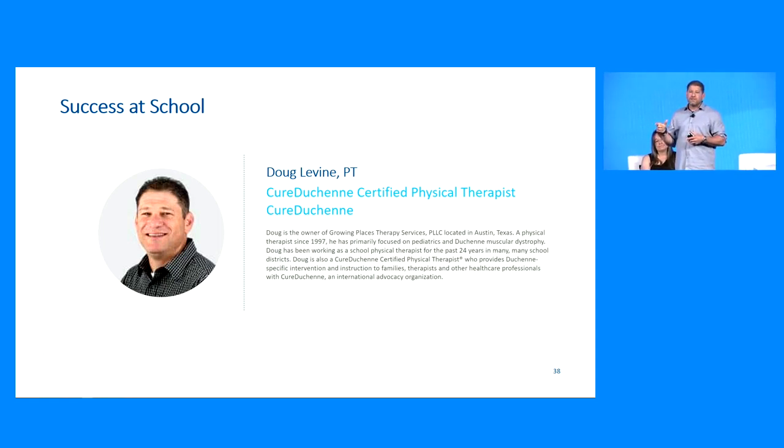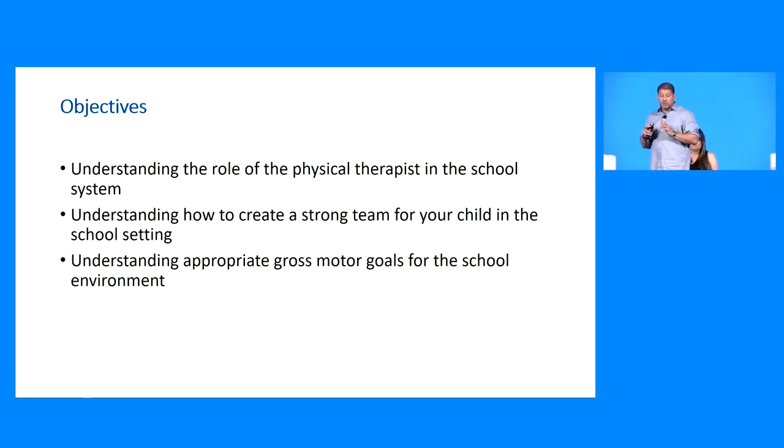In the schools, I think it's important that we all collaborate for the care of the kids, but especially in the school, because there are many different moving parts, and many people that maybe have zero experience with Duchenne, whether it's a teacher or a PE coach or whatever. So collaboration is just really important.